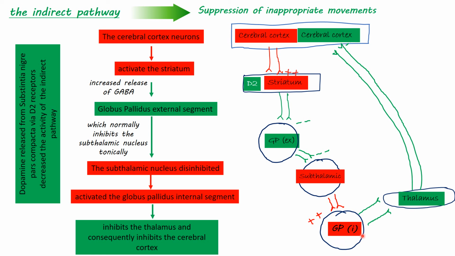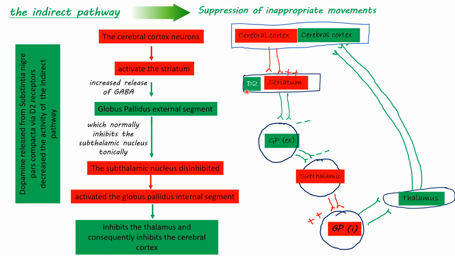Stimulation of the globus pallidus internal segment releases GABA to inhibit the thalamus. Thalamus will inhibit the cerebral cortex. So once we inhibit the cerebral cortex, we produce suppression of the inappropriate movement, or termination of the voluntary movement.